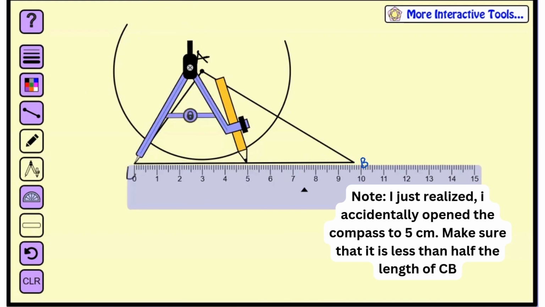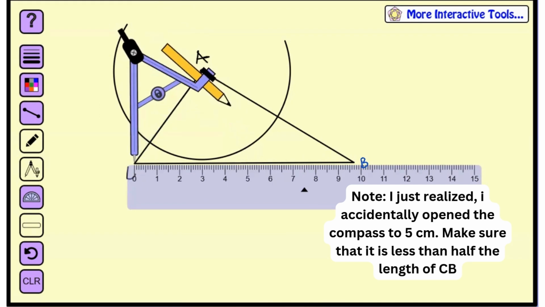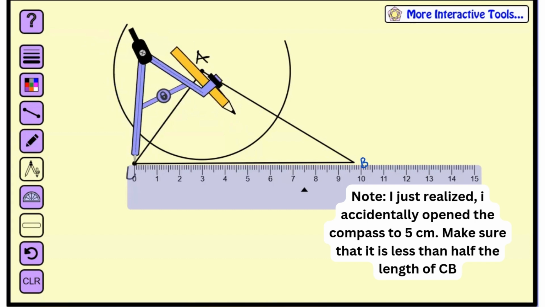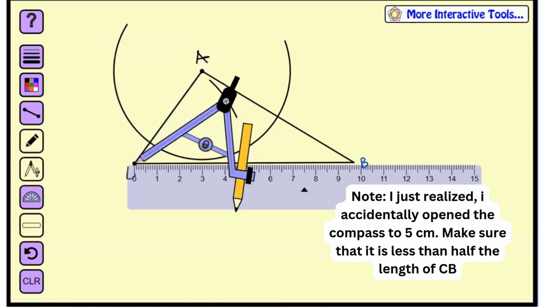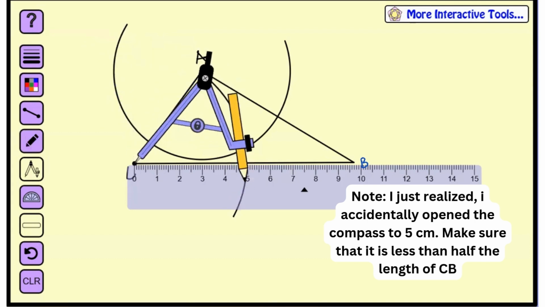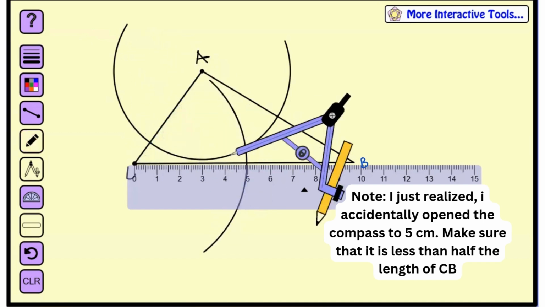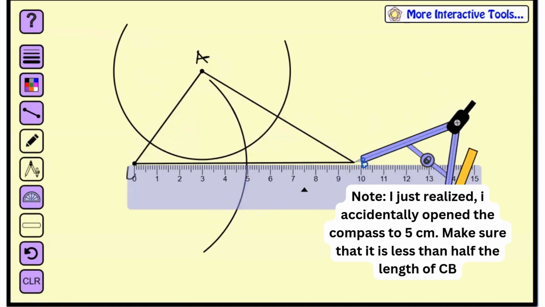So now we're going to draw two arcs, one from C, which will be above and below the line, and then one from point B.